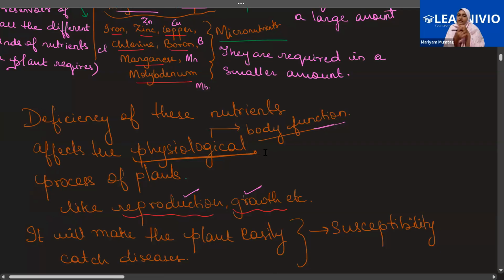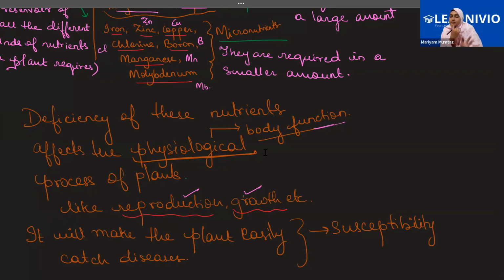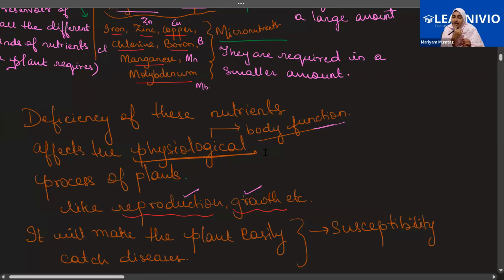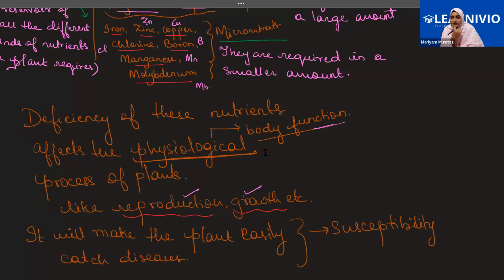Now, if you think about the deficiency, we must also think about the excess of it. If these macro and micronutrients are taken in excessive amounts, it will also be very harmful for the plants, because excess of anything is bad, right? So there should be a moderate amount of all these nutrients in the soil so that the plant can take it, but it should not be excessive.